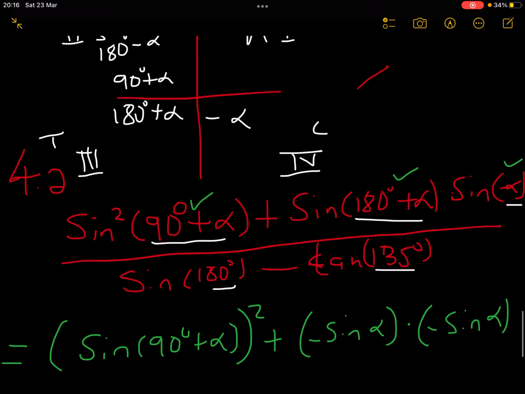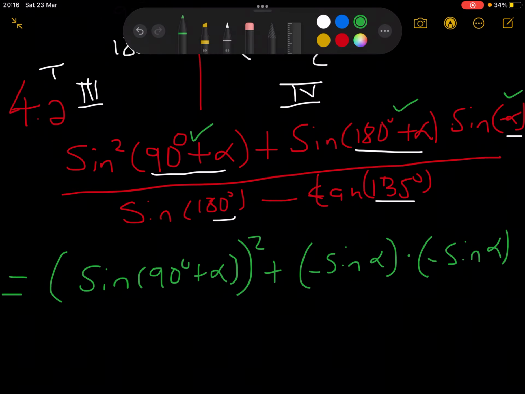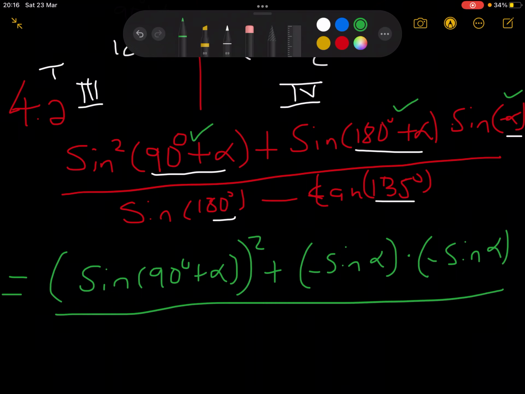Now if we evaluate sine of 180, sine of 180 gives us 0. Now this is minus tan of 135. Any angle that is above 90 and is not acute has to be reduced, mostly in trigonometry.